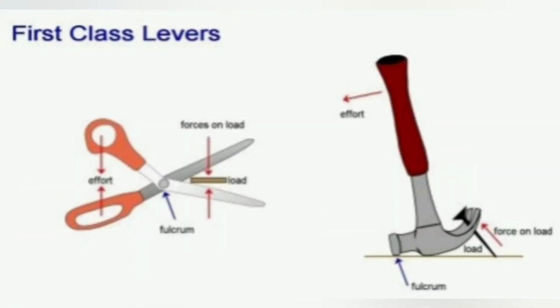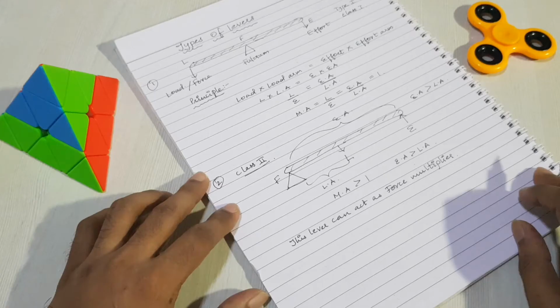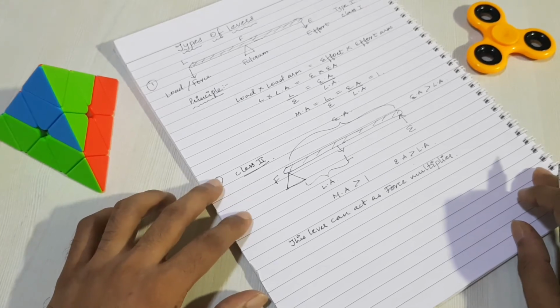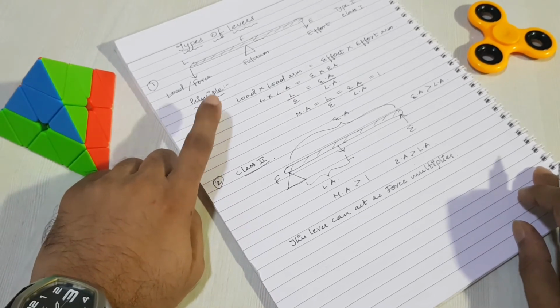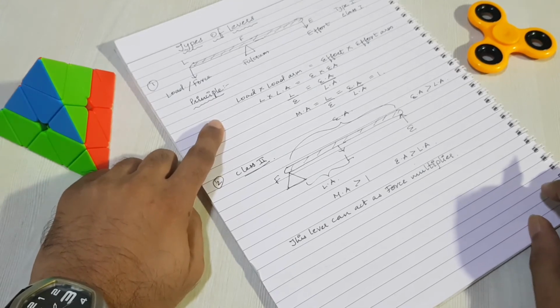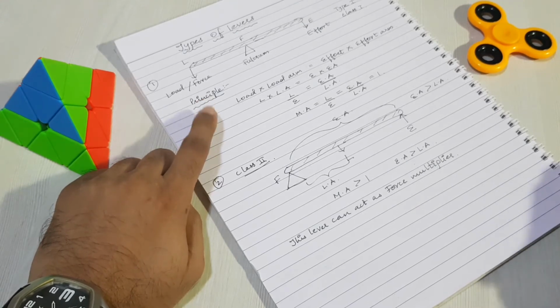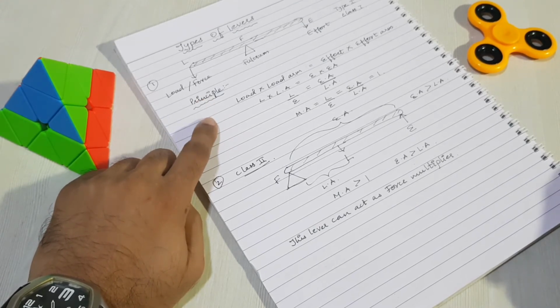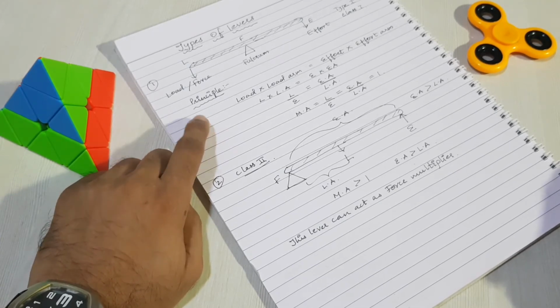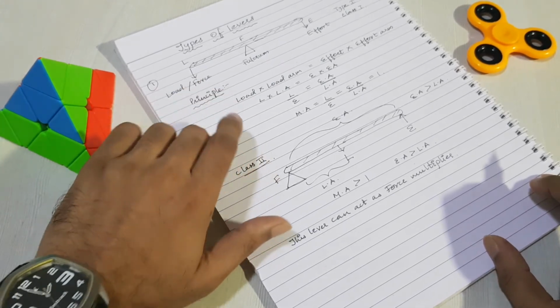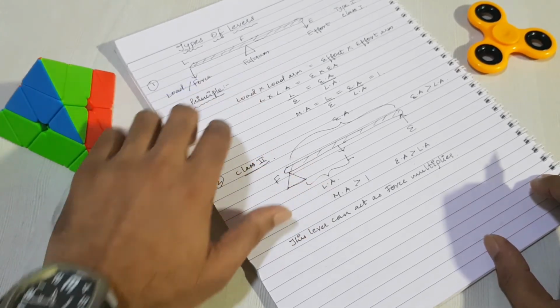A bottle opener can be another example. While examples of type 1 lever are very easy: a normal scissor is an example of type 1 lever, your claw hammer is also an example of type 1 lever, and a seesaw is also a very good example. So this is the clear difference between both the types.